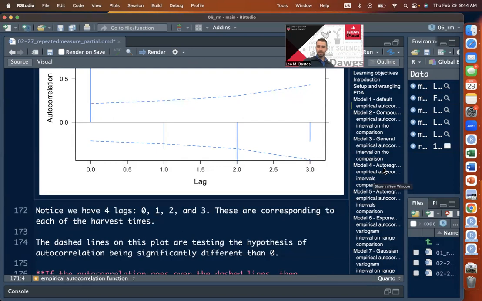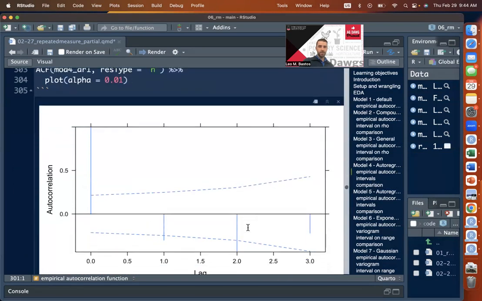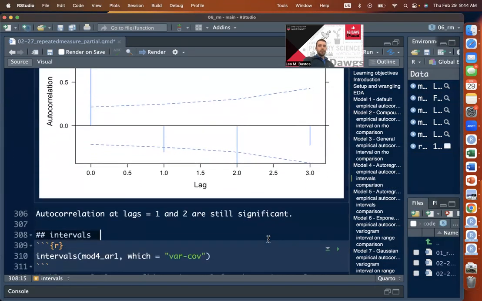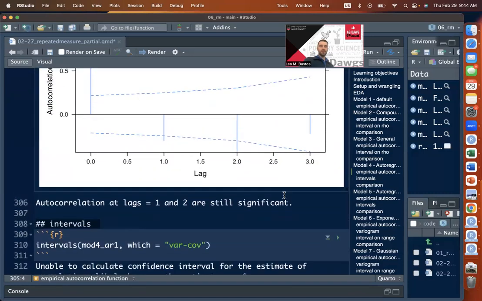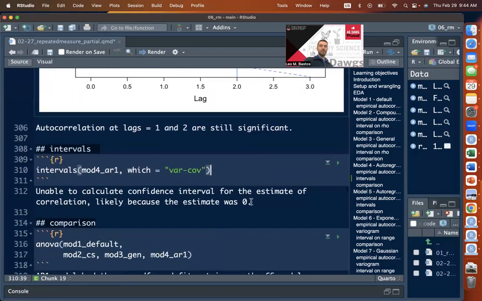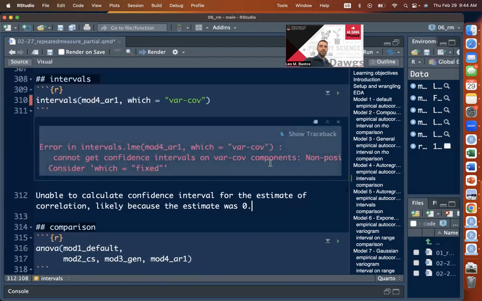So let me come back to where we were right here. All right, so we see again that these correlations at lag 1 and 2 are significant, not at lag 3, but that correlation is being estimated at 0. So that is an interesting point there. If we check the intervals, on my side, it does not estimate because I think it was 0.